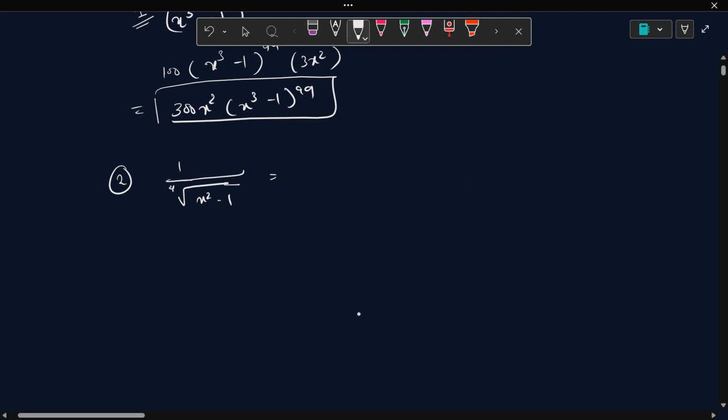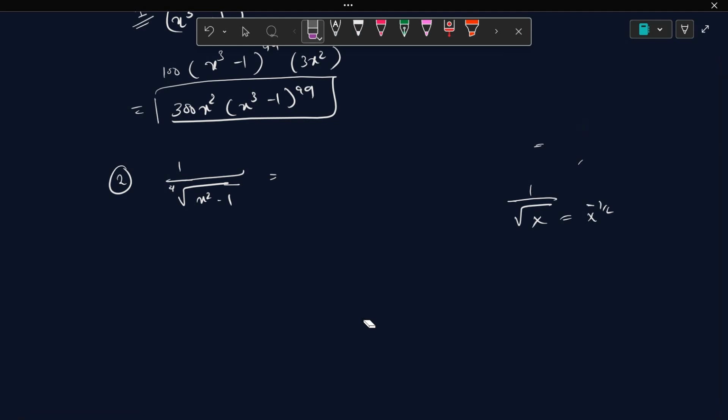Because it is at the bottom, for example, if you have something like this, these are equivalent: x to the power of negative a half, because the square root of x is x to the power of half, but if you put a negative, that means it's 1 over x to the power of half.